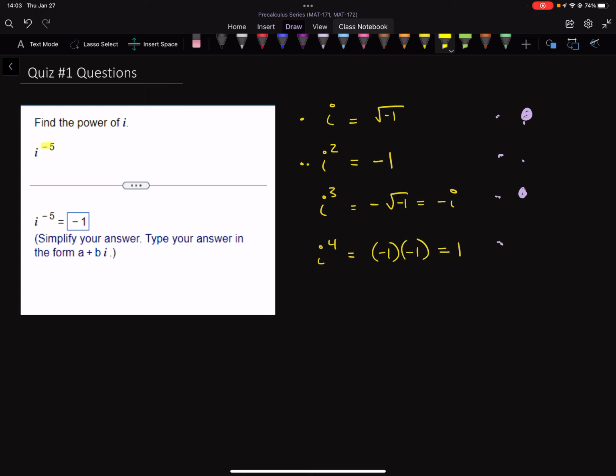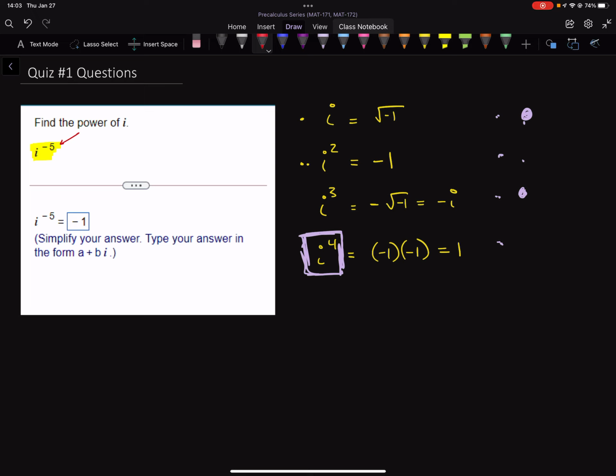Unfortunately for us, this problem actually contains a negative exponent, so we're not going to be able to use the counting up strategy that I just showed you. But we will be able to use i to the fourth power over and over until we're able to modify this negative exponent and get something that is positive.